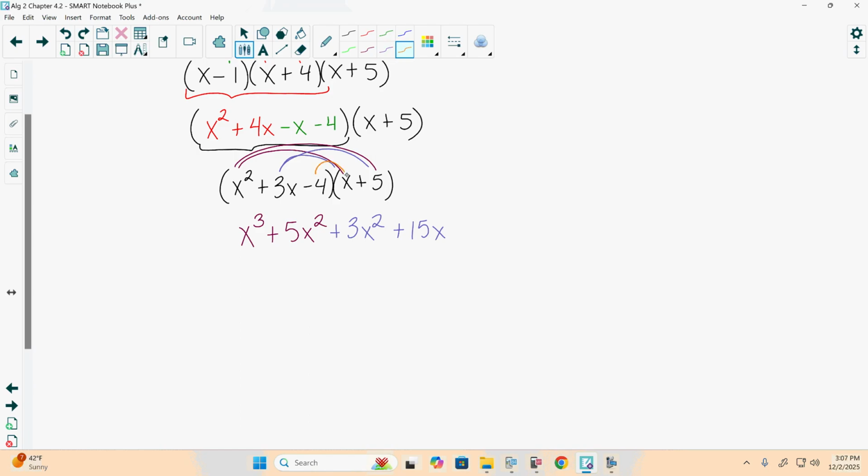And then lastly, we're going to distribute the negative 4. Negative 4 times x is going to be negative 4x. And lastly, negative 4 times positive 5 is negative 20.